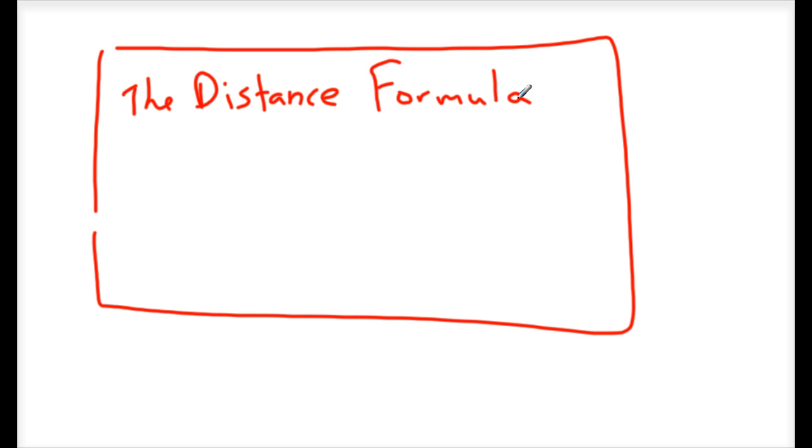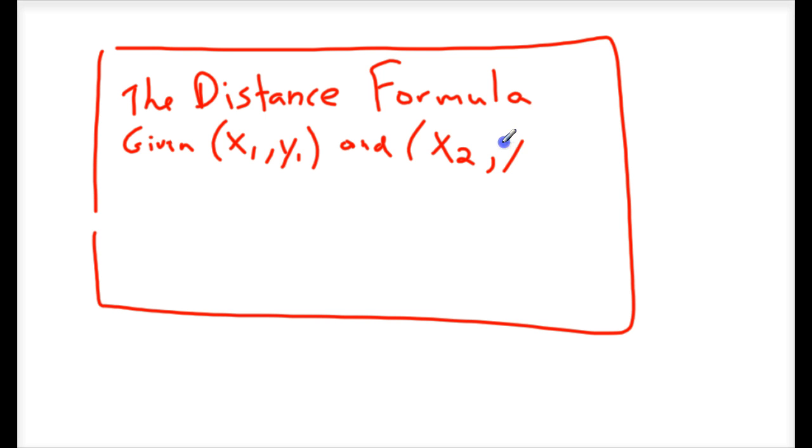Okay? Given x1, comma, y1, or excuse me, y1. So given a point, x1, comma, y1, those would be actually real numbers, people, and x2, comma, y2, a second point. That was your second fist. Okay?